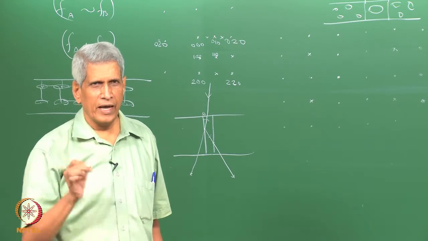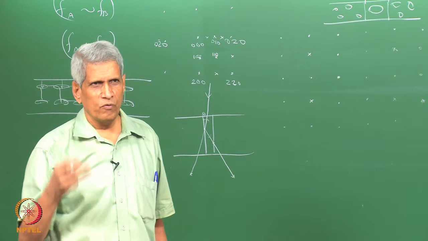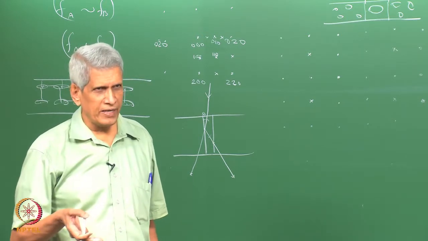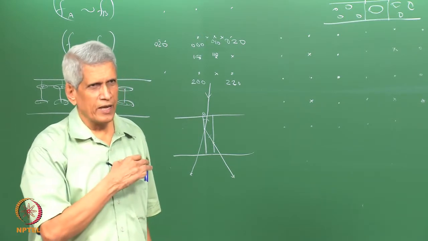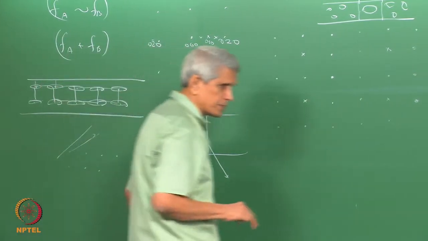Dynamical theory, this is a consequence of multiple scattering, for which the kinematical condition is not valid. Then dynamical theory has to be applied. That I will come to later.